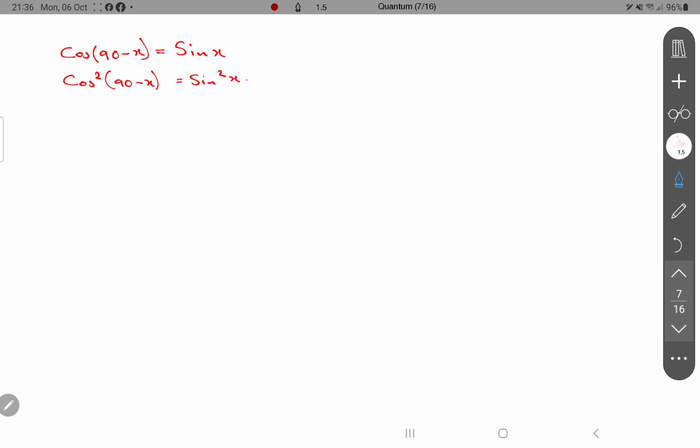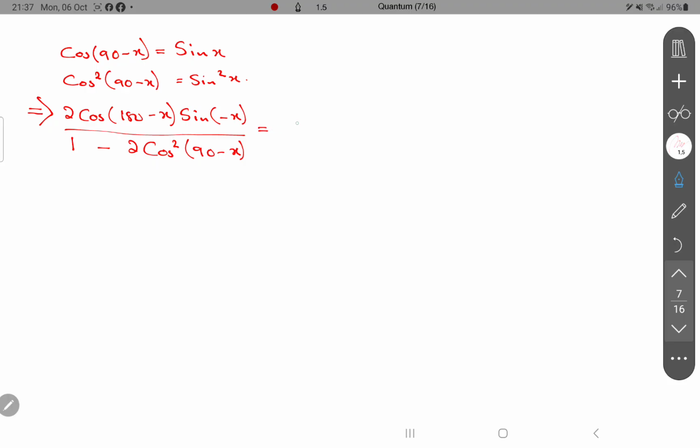So if we come back to our question, we had 2 cos of 180 minus x, sine of negative x, divided by 1 minus 2 cos squared of 90 minus x.